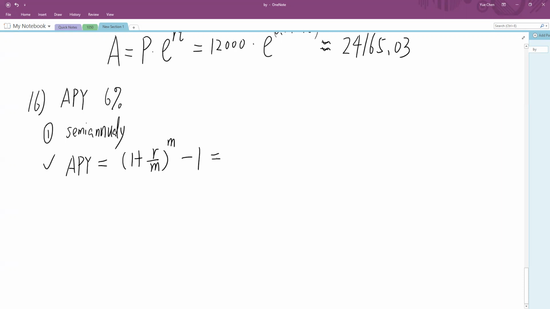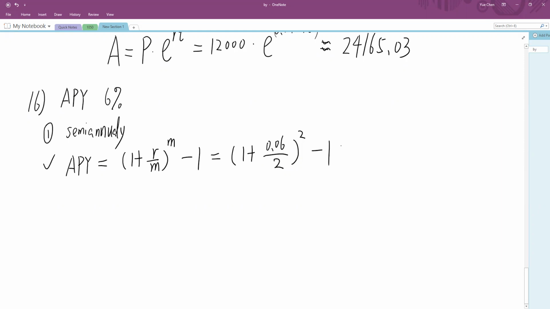So let's plug in. So this is the 1 plus. What is R? R is 6%. So this is 0.06 over M. What is M? 2. Yes. So to the 2, right? Minus 1. Okay. Use your calculator.